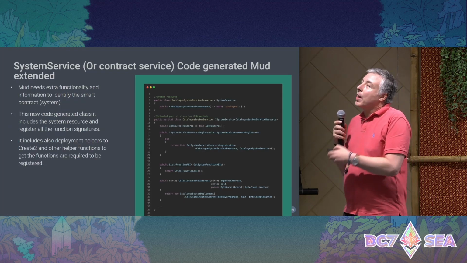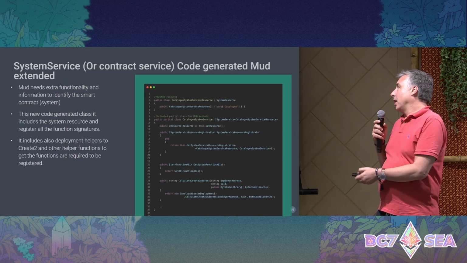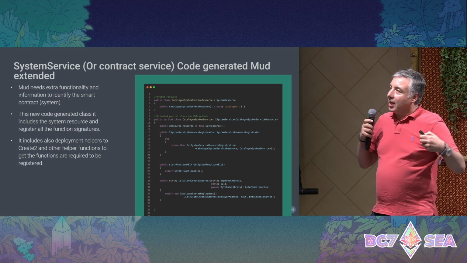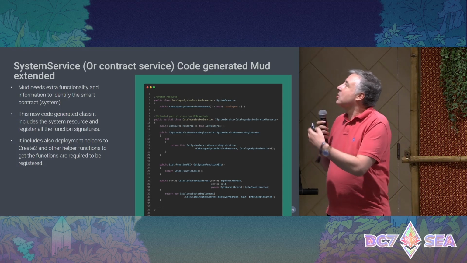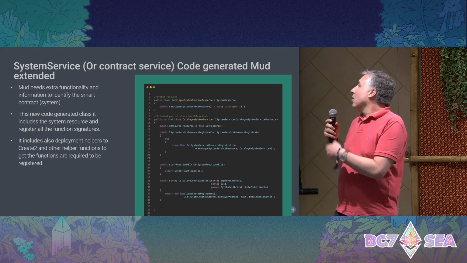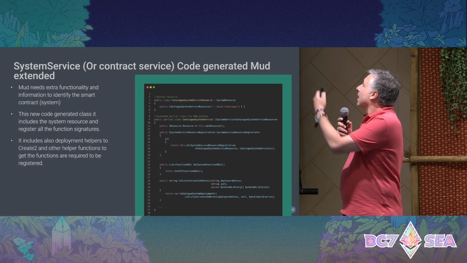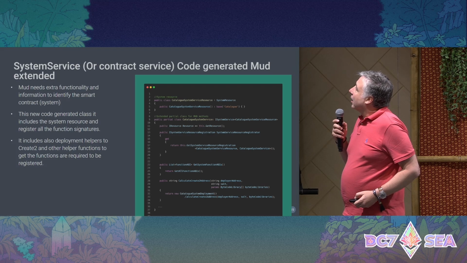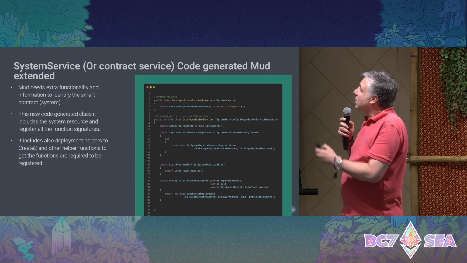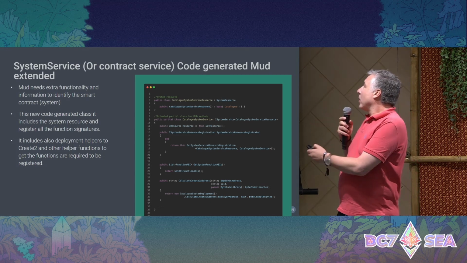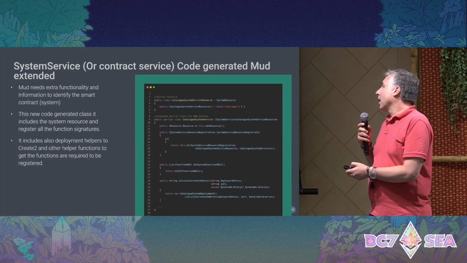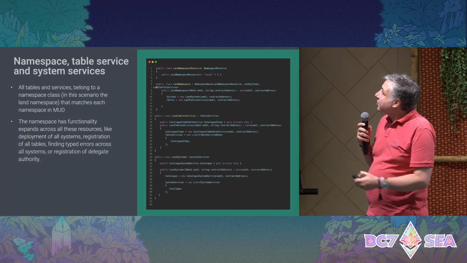But there are also extensions to convert this service into a system service for MUD. As you see at the top, we have the catalog as the system name, and also ways to do the deployment in .NET.